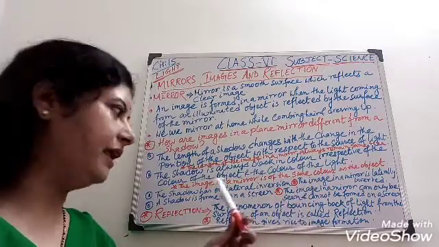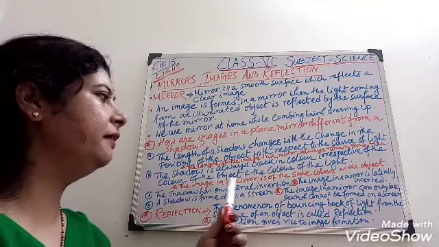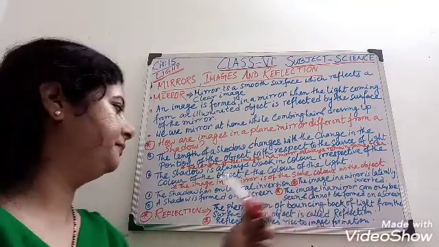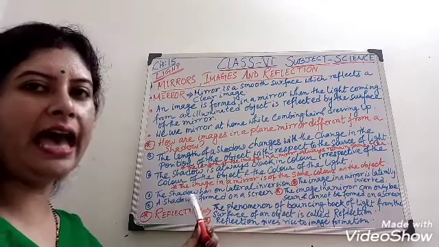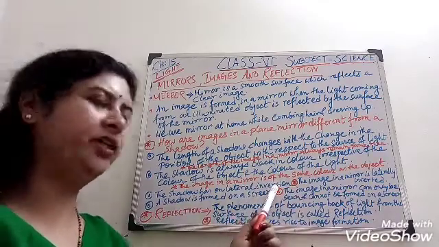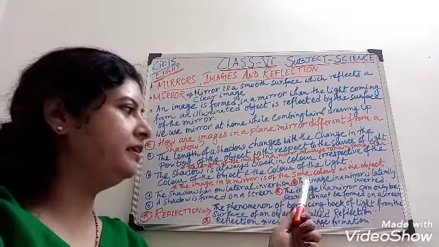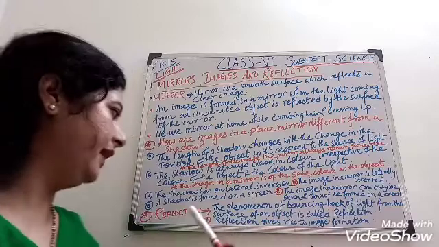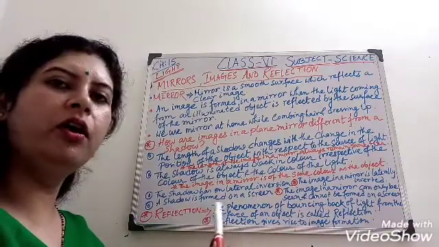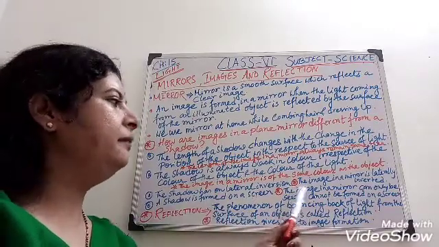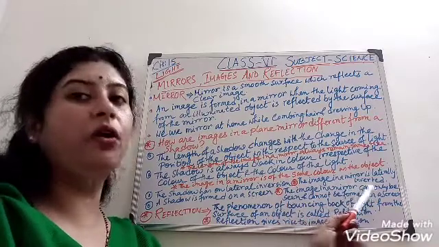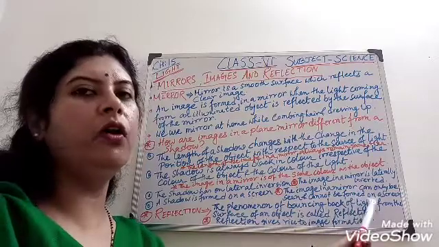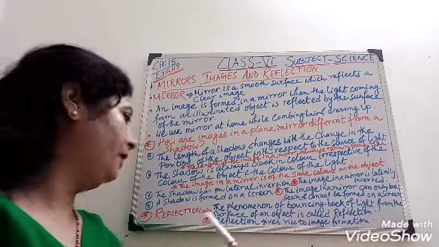But the image in a mirror is of the same color as the object. Next, the shadow has no lateral inversion, but the image in a mirror is laterally inverted. Next, a shadow is formed on a screen. The image in a mirror can only be seen and cannot be formed on a screen.